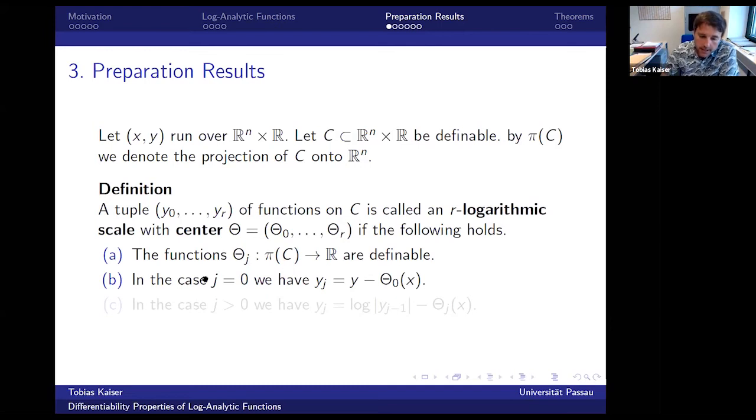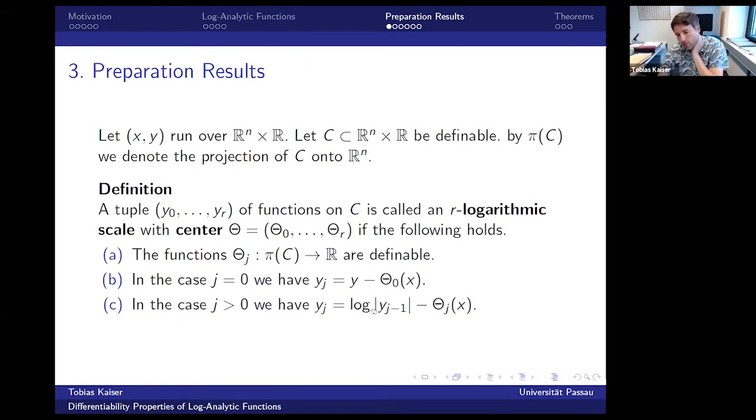In the case j equals 0, we have y_0 is y minus theta_0. In the case j bigger than 0, we have y_j is the logarithm of the absolute value of y_(j-1) minus theta_j.